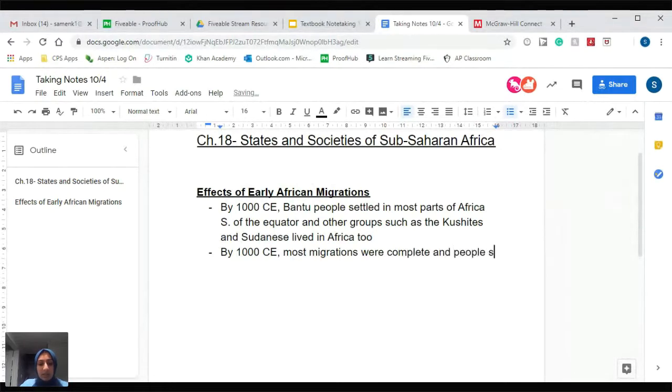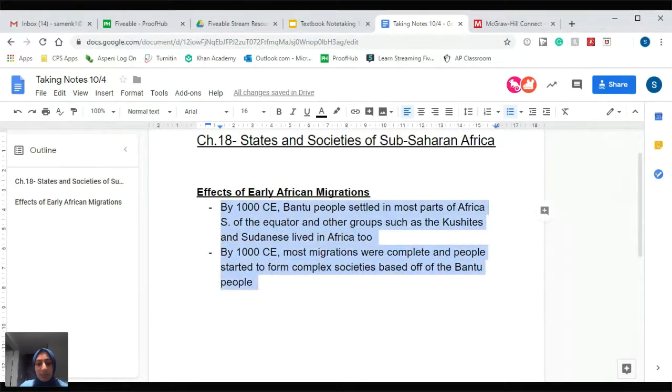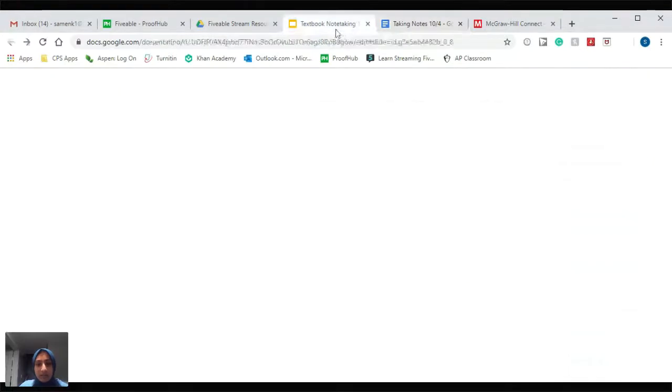And people started to form complex societies based off of the Bantu people. I think that gives us a pretty good summary of what this is trying to say.